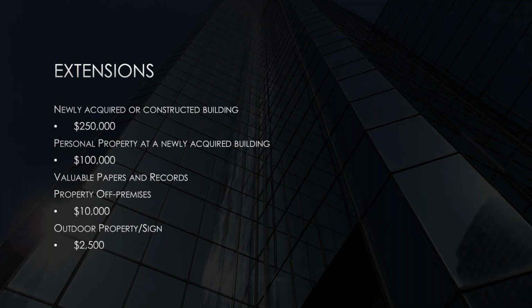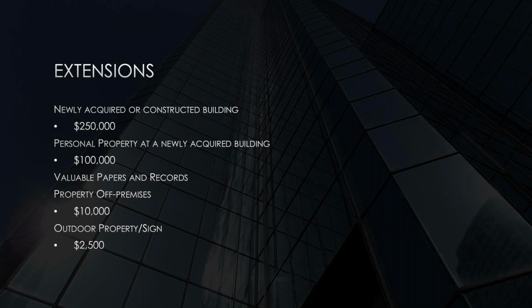All right. And so we give you $10,000 if they take it beyond that threshold. If you have a sign that's attached to the building, one of the extensions is we'll give you up to $2,500 for that sign, which really isn't a lot, right? Especially if you've got a movable electronic neon sign, 2,500 bucks is not enough.